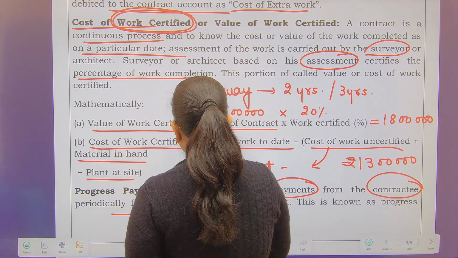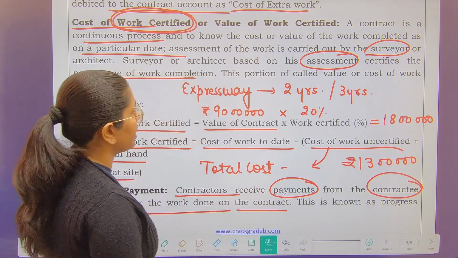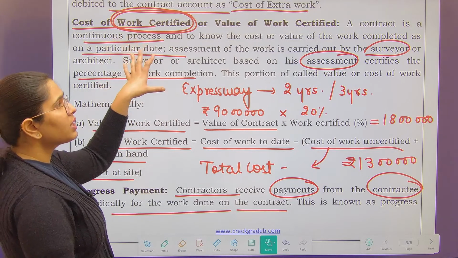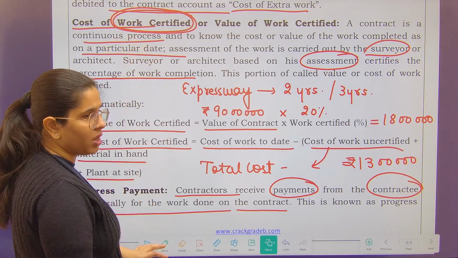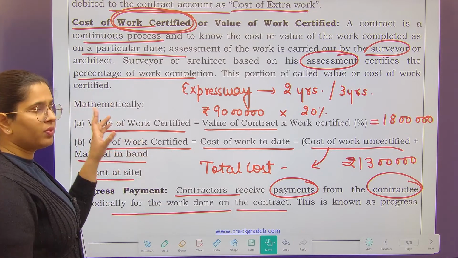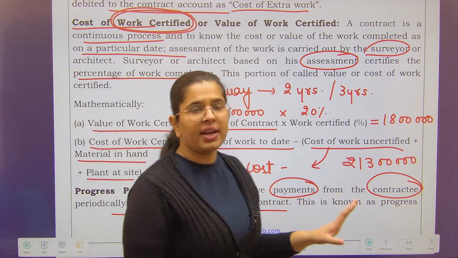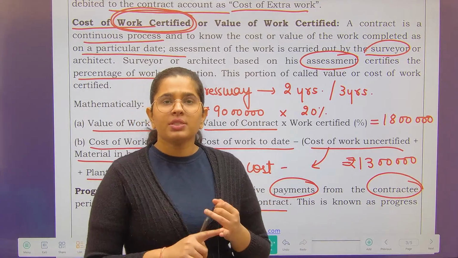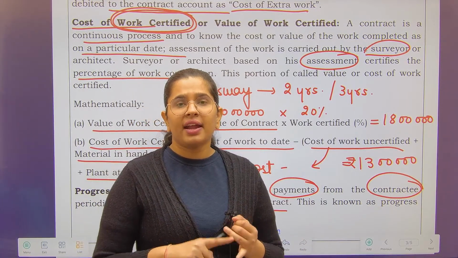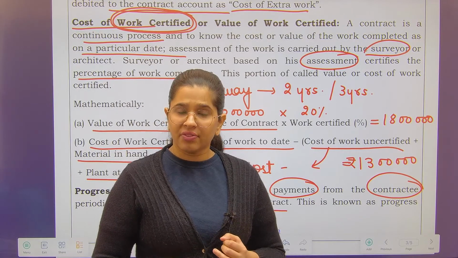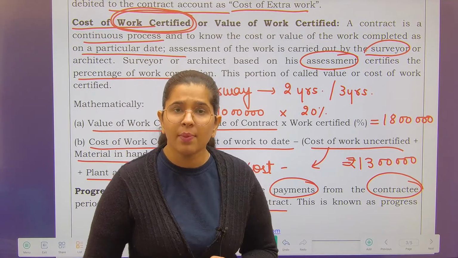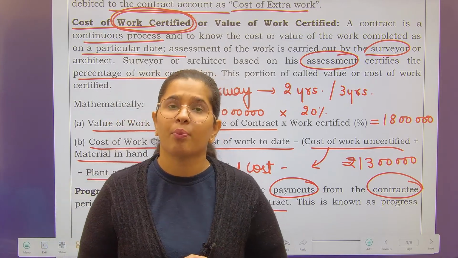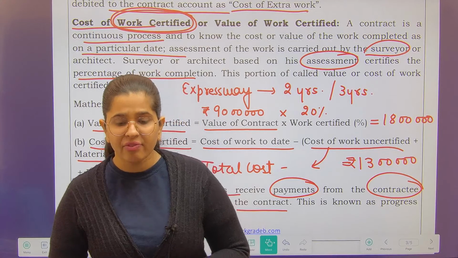So tomorrow when you come to the class, I want you to remember how work certified is valued. What is the difference between the value of work certified and the cost of work certified? The difference between the value of work certified and the cost of work certified is called the notional profit. Notional profit is not the complete profit, it is the proportionate profit you have earned.